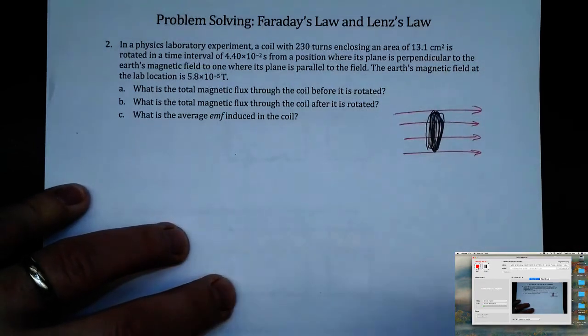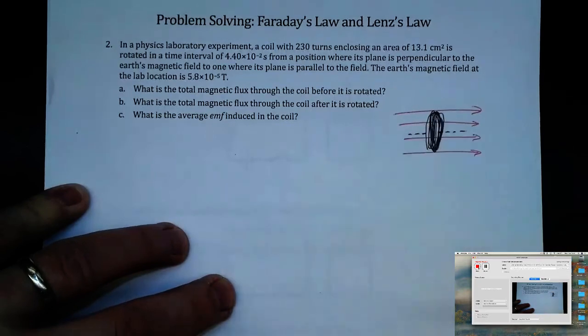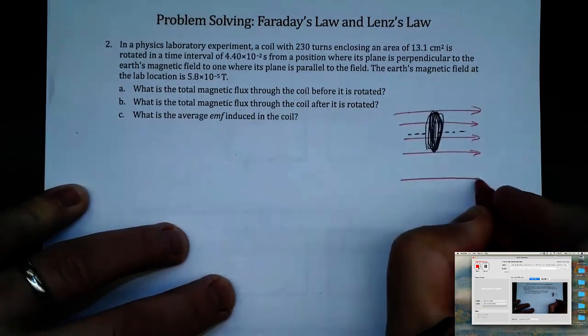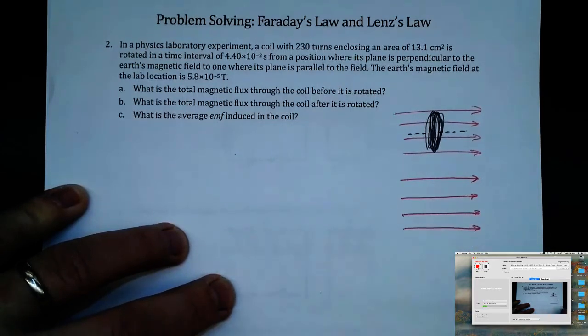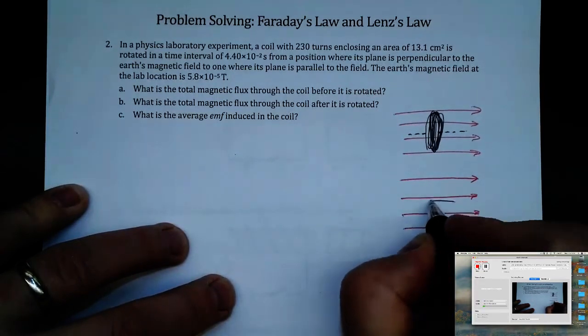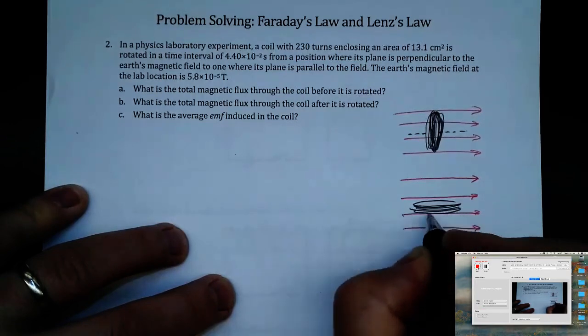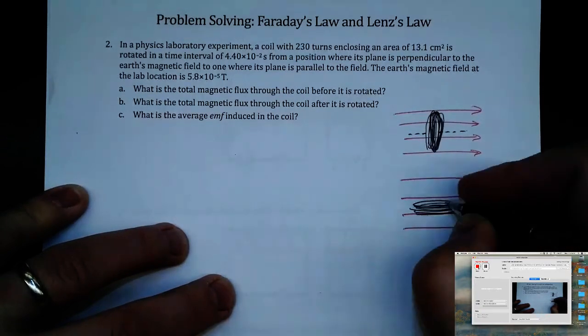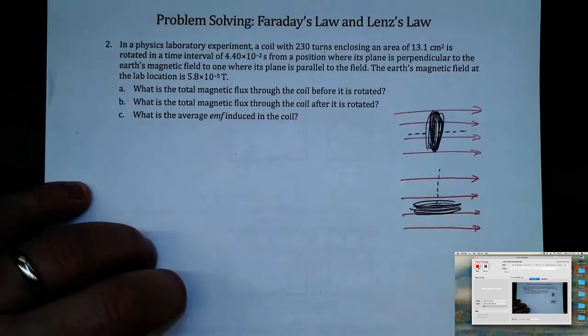And then the axis of my coil would be in this direction. And then I am rotating it so that the after picture, the coil is sitting here. Try to draw a neater coil this time. There, in this orientation. So I've rotated it by 90 degrees.